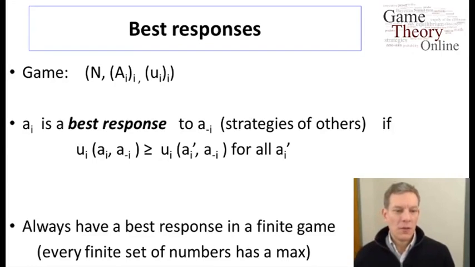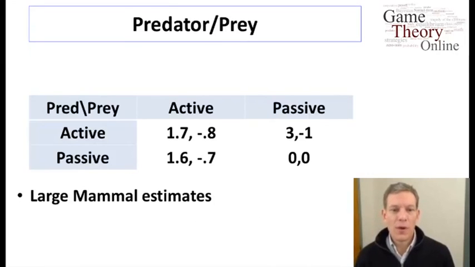Okay, so one thing to note here is in any finite game, it's clear that you're always going to have a best response, so you can just look at each particular action and see which one does best. So let's go back to the predator-prey game that we looked at before, and look at the actual actions of the prey.